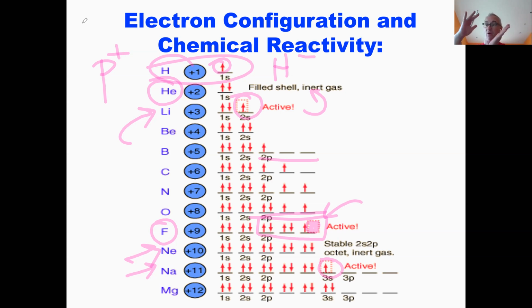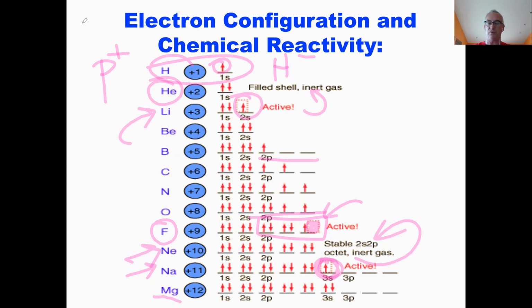And so the pull on those electrons that are really far away is much less because they're so far away. So sodium easily gives away that only electron in its outermost shell. It's much further away from the nucleus than the electrons in shells 1 or 2. Shell 3 is much further away. So it gives that electron away easily, and also looks like neon.